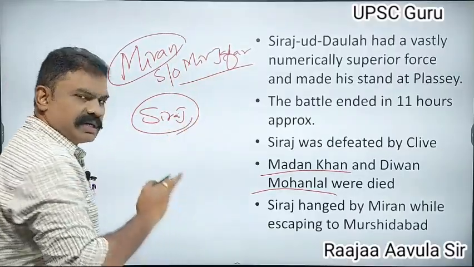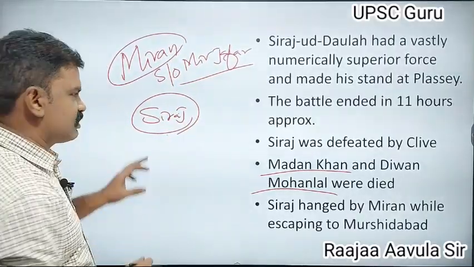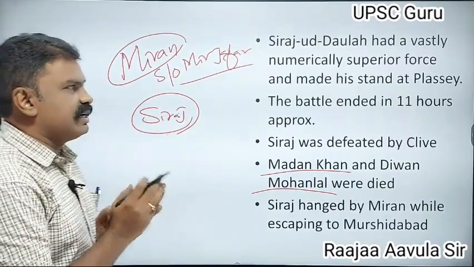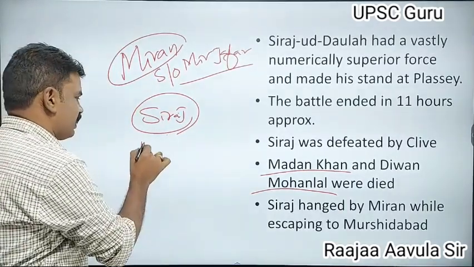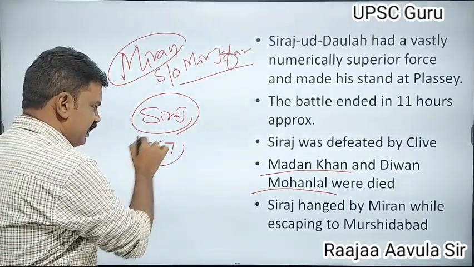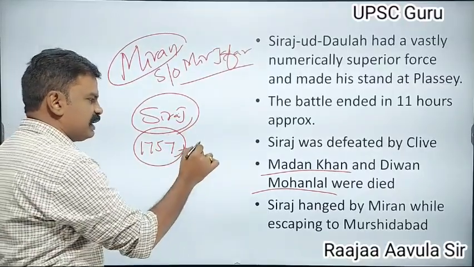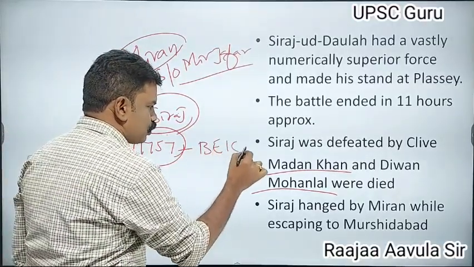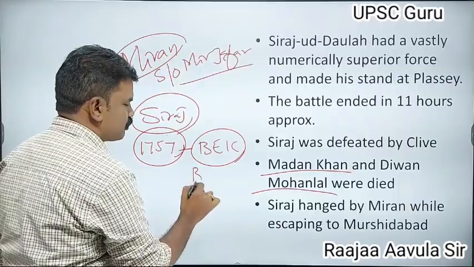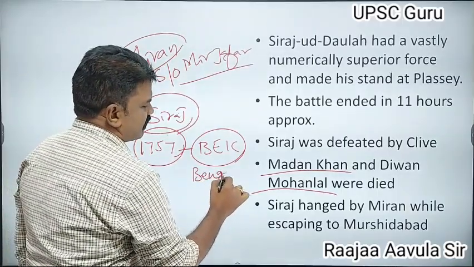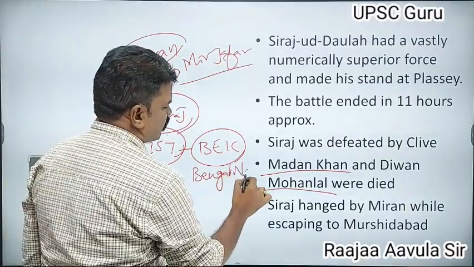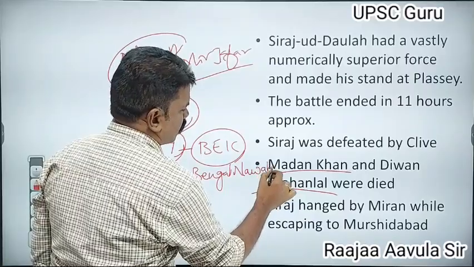Miran killed and hanged Siraj. That happened. So by this the 1757 Battle of Plassy ended. In the 1757 Battle of Plassy, the British East India Company scored victory over the Bengal Nawabs.